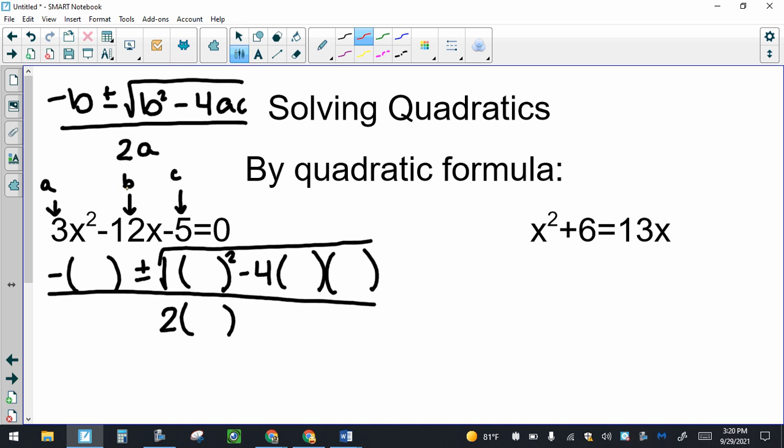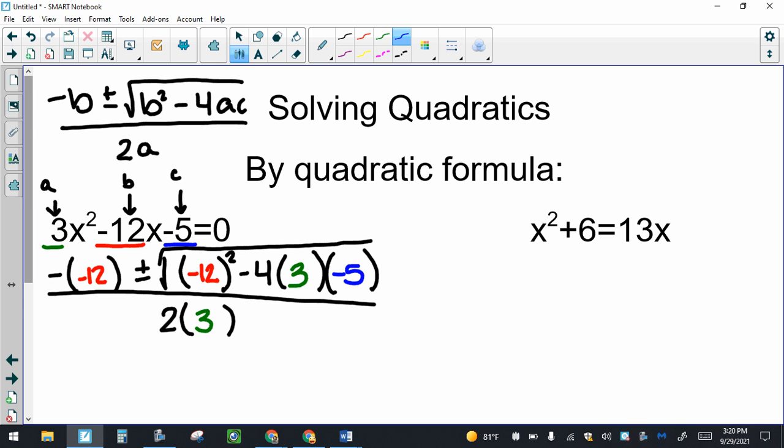So we said b was this negative 12 in front of x. So I'm going to fill in my b's with negative 12. We said that a was this number in front of x squared, so that's a 3. And then c is your constant, your number out here that doesn't have an x, and it is a negative 5.